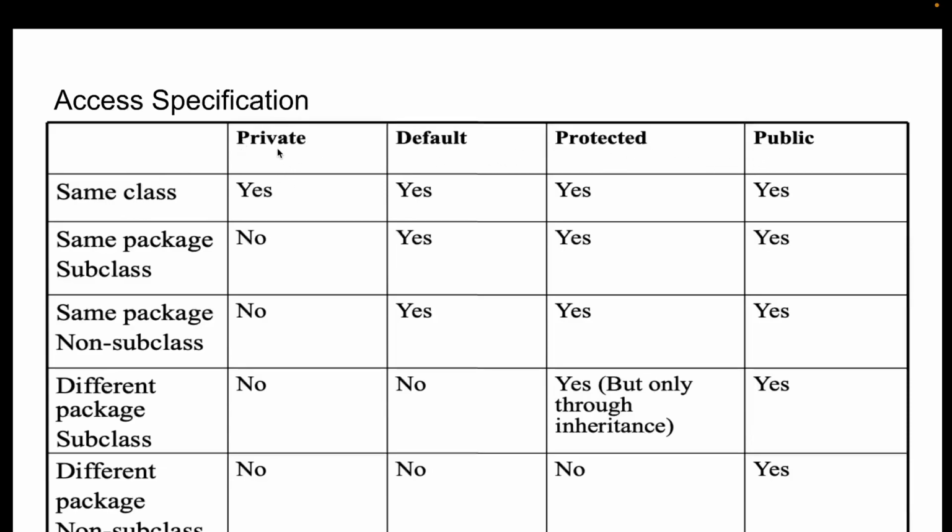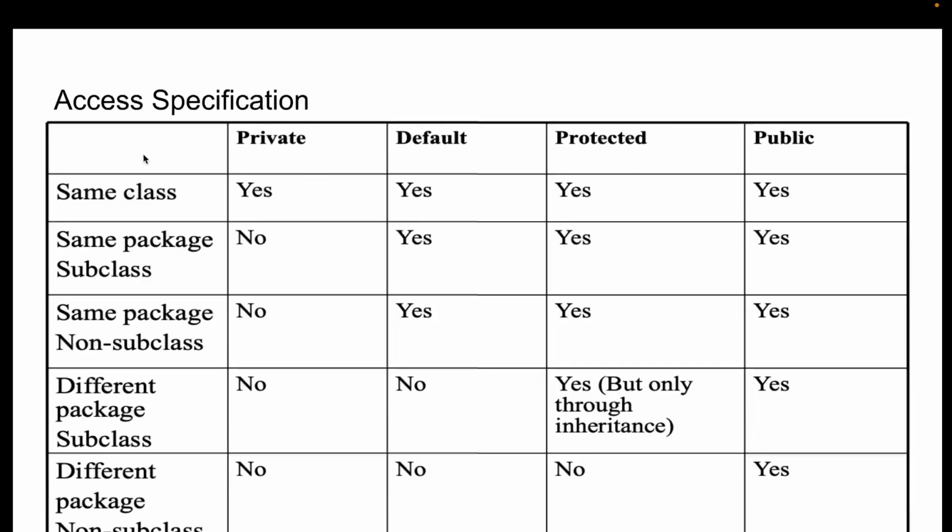When do we use private, when do we use default, protected, or public, and what is their scope? Like, at what scope can each of these access specifiers be accessed? We know that private is accessible only in the class in which it is defined.